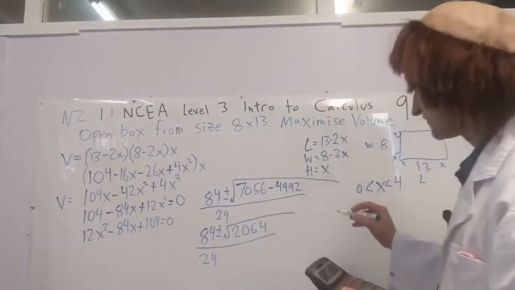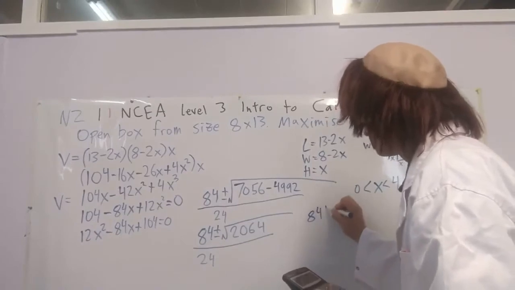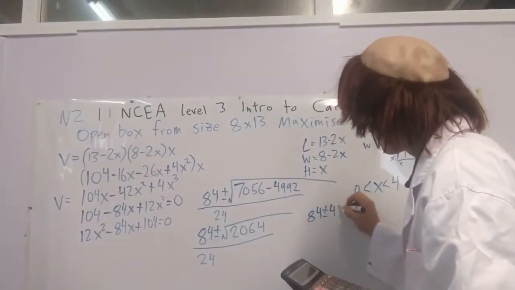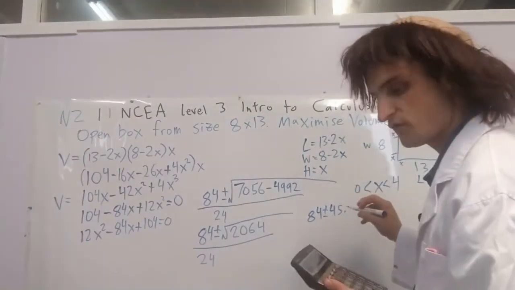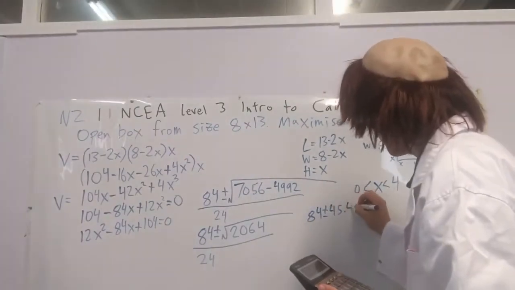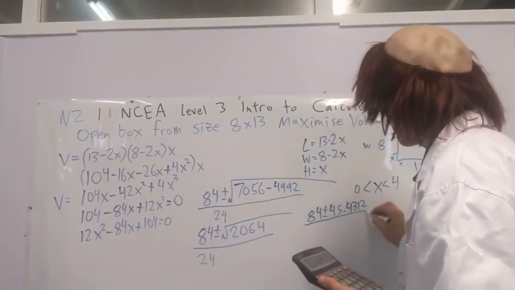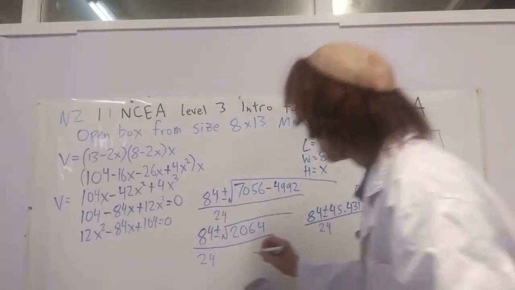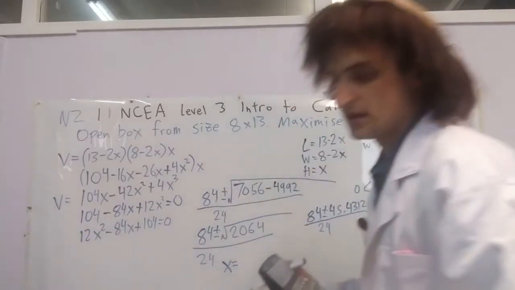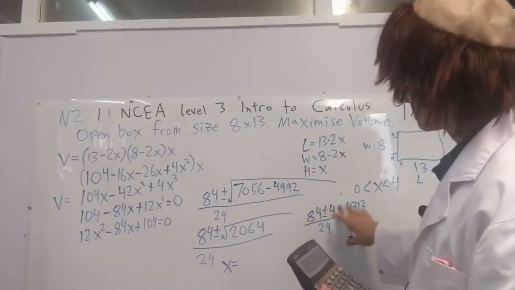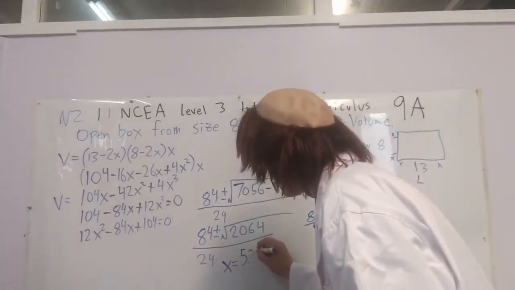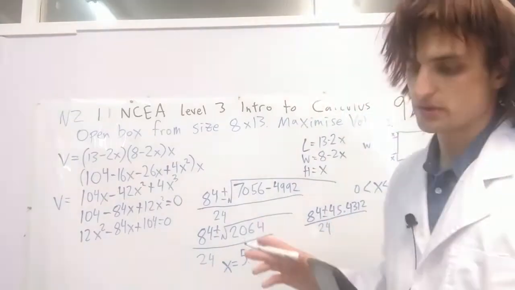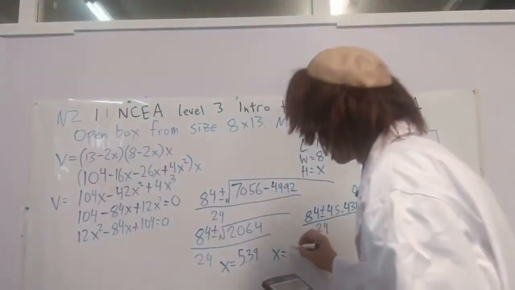So I'll rewrite it over here: 84 plus or minus 45.4312 divided by 24. Now that gives us two solutions. We have x equals 5.39 if we take the positive route. And if we take this negative route, we get x is equal to 1.607.